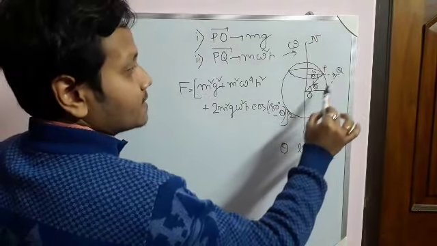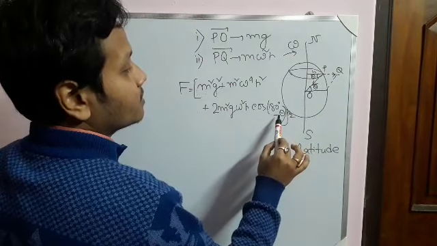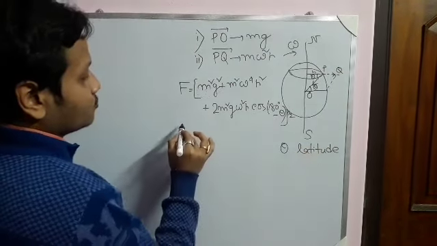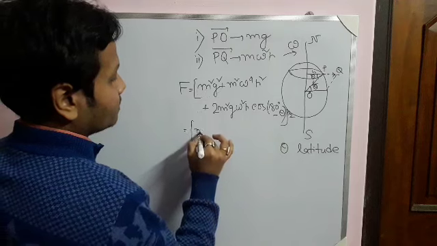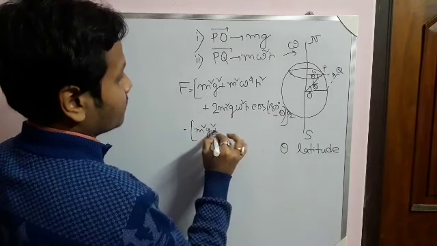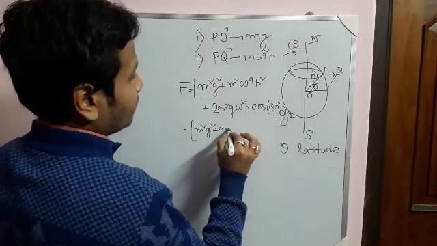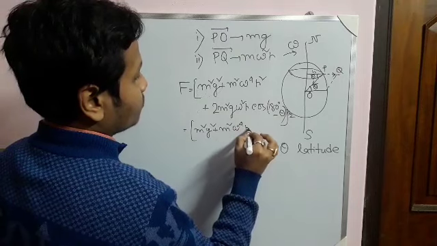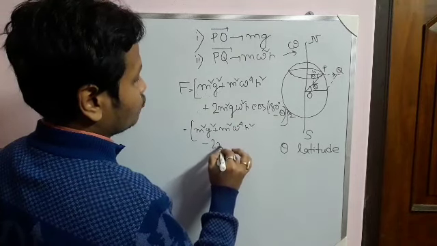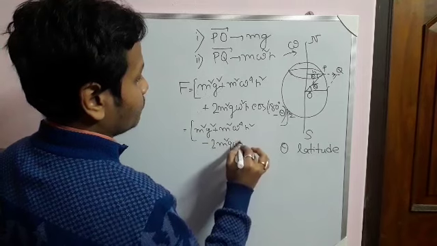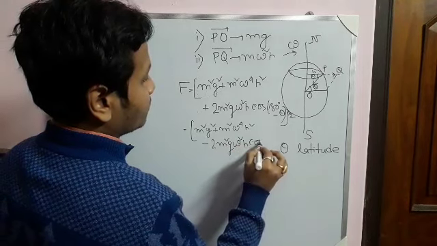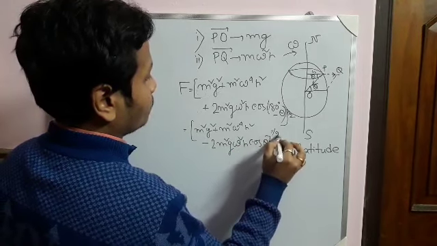Since these vectors are opposite, the angle becomes 180 degree minus theta. So if we simplify it, what we get is: m square g square plus m square omega to the power 4 r square minus 2 m square g omega square r cos theta, whole to the power half.